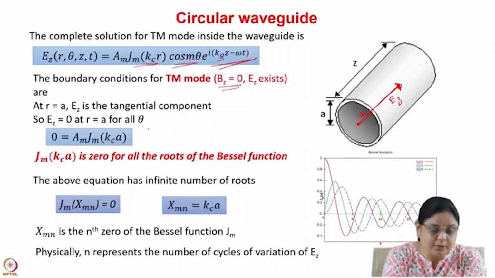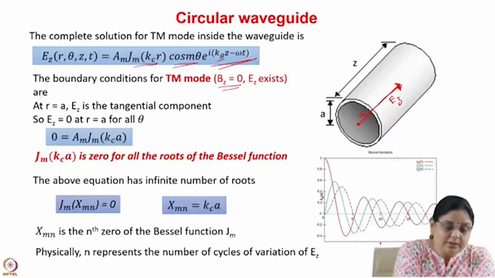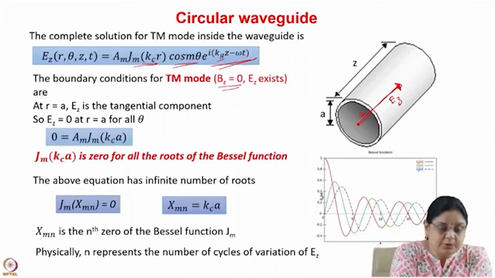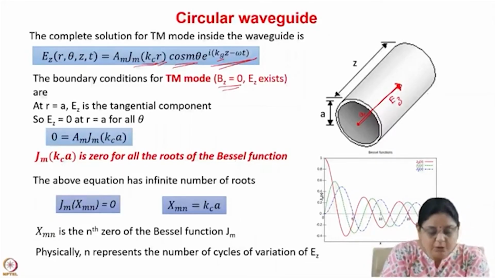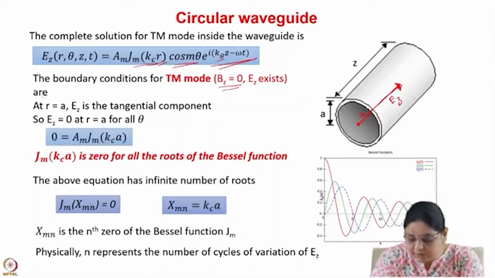So by boundary condition, Ez has to go to 0 at r equal to a for all theta. So in this equation, if we substitute Ez equal to 0 at r equal to a, we get 0 is equal to Am Jm(kc a). Now what does this mean? This means that Jm is 0 for all the roots of the Bessel function. So where is Jm 0?